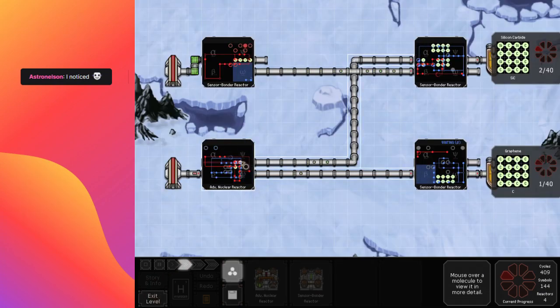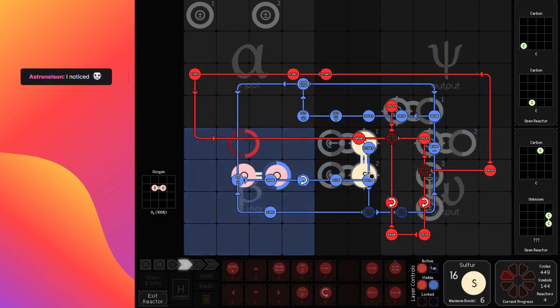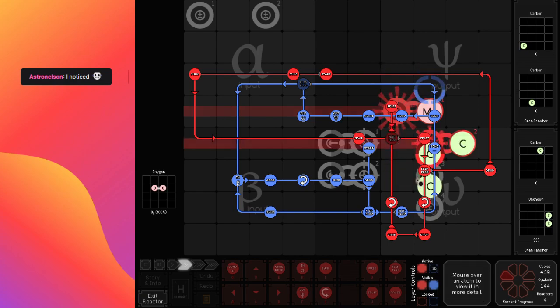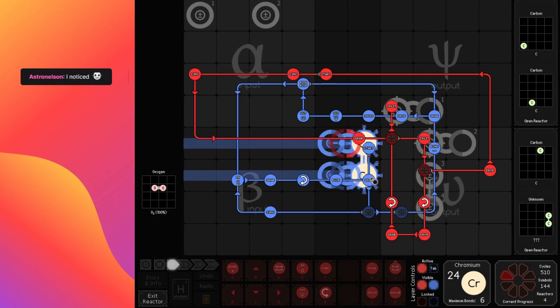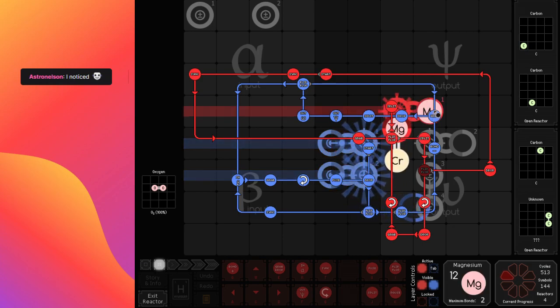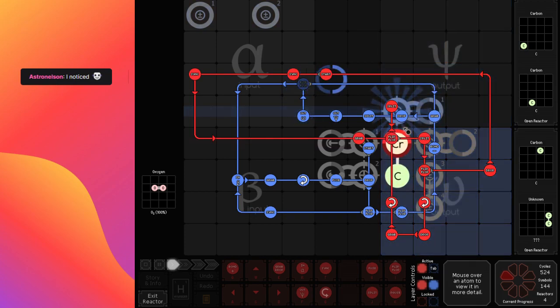And then, all right, let's take a look at this reactor. So this reactor, all it's doing is making carbon, and how it's doing it is that it's fusing oxygens 3 times, because 3 times 8 will get you 24, and then that will split to 12, and then that 12 will split to 6.